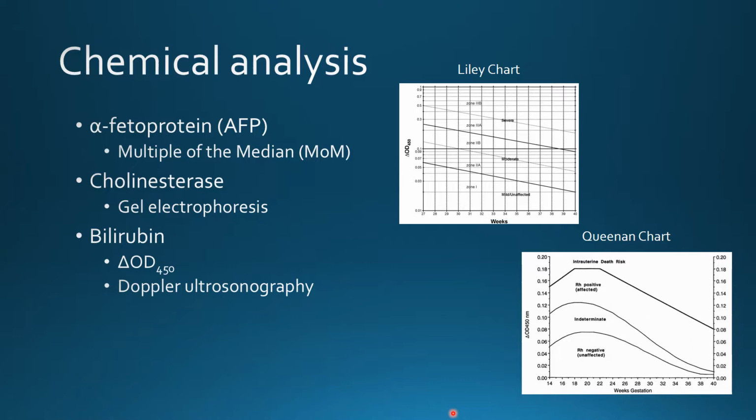That should be in amniotic fluid. But it should never contain acetylcholinesterase. So a fetus that has a neural tube defect will have a high acetylcholinesterase level in the amniotic fluid. It's a very good marker for there being some kind of defect.